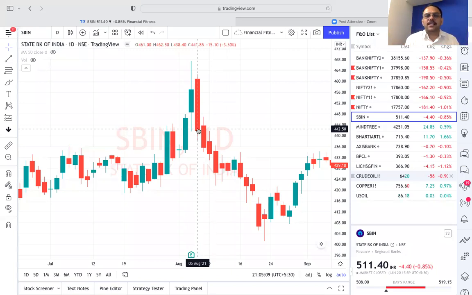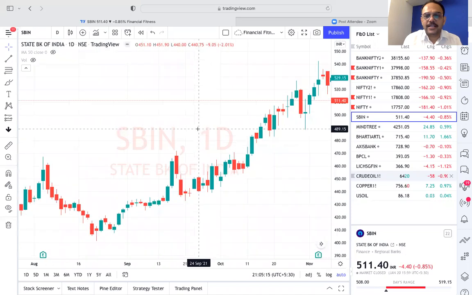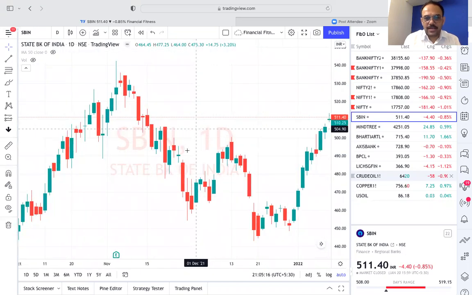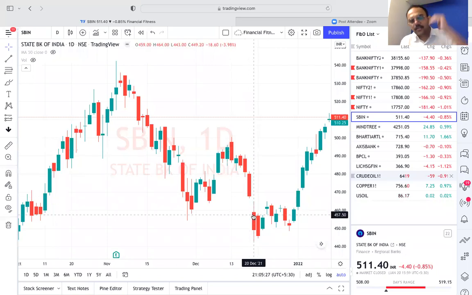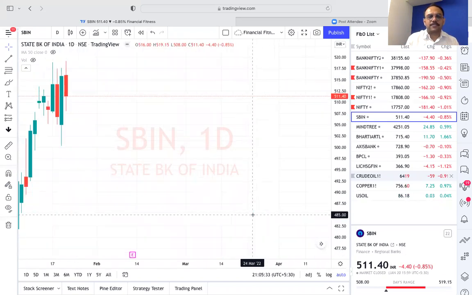Here the market is telling us it is likely to go down. So it helps us in taking trading decisions. Right here also, see the red candle has covered the green candle entirely, and it is showing that the stock is likely to go down. This is how the charts speak to us before it happens.